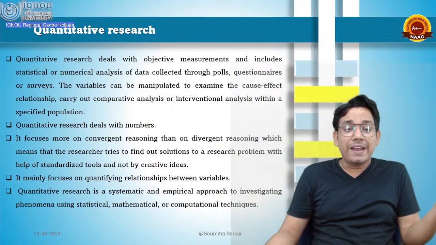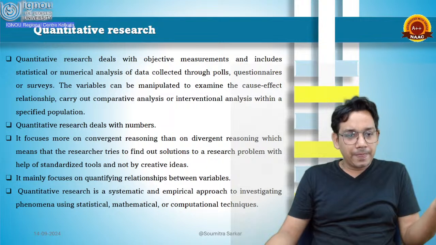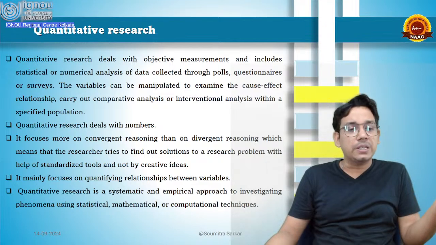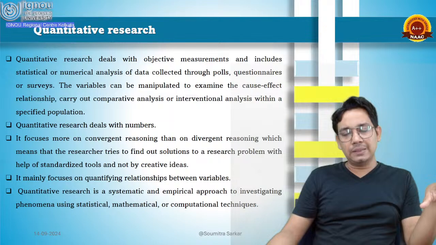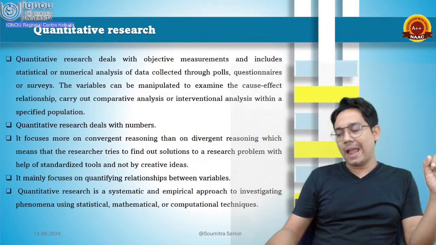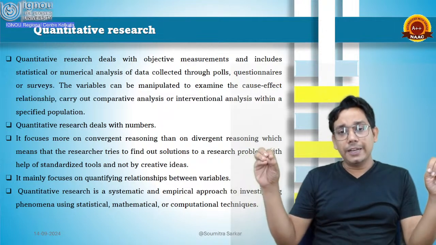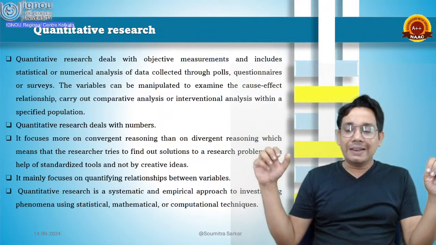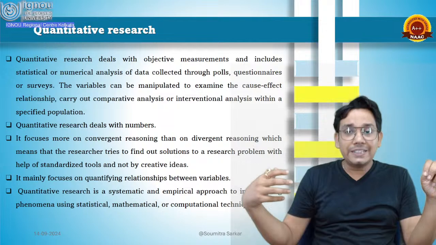Next, the variables can be manipulated to examine cause-effect relationships, carry out comparative analysis or interventional analysis within specified populations. We all know that there are two essential variables in our research orientation: independent variables and dependent variables. The researcher can manipulate independent variables and try to figure out the effect on the dependent variables.